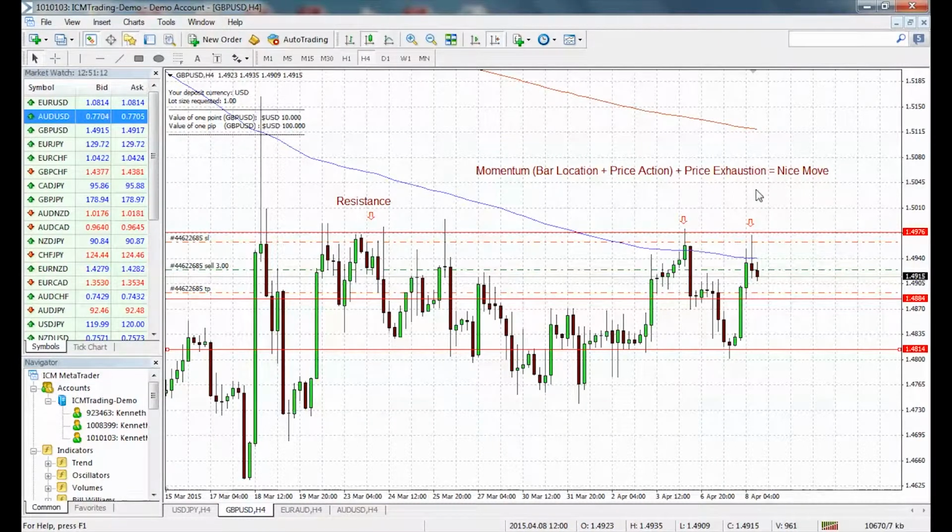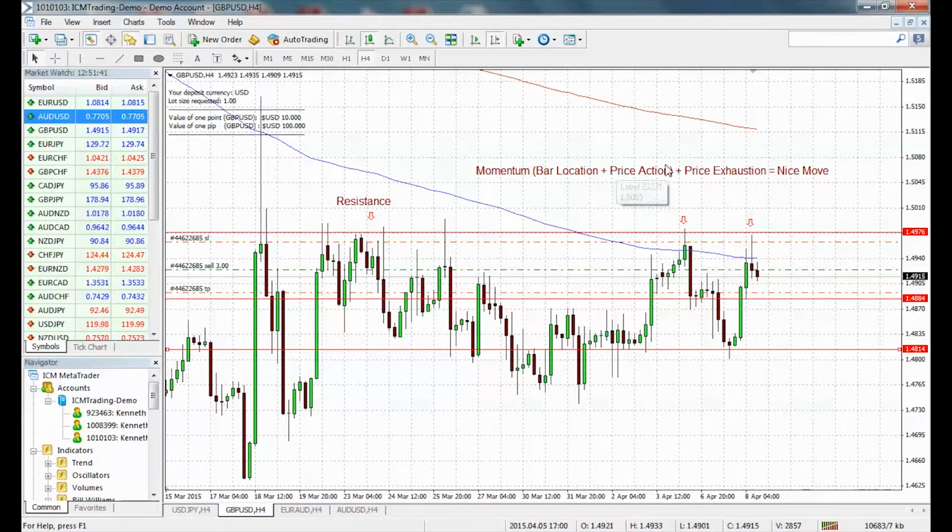I'd like to guide your attention to this equation that I put up here. Basically, it's momentum plus price exhaustion equals a nice move. Okay? And I could add another element to what momentum is, but momentum is really bar location, price action.